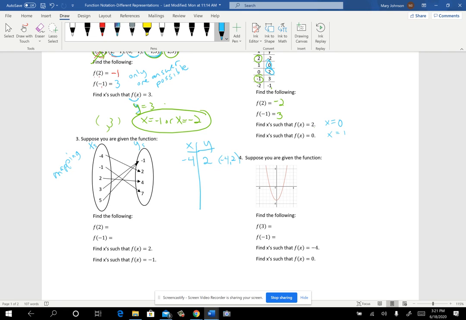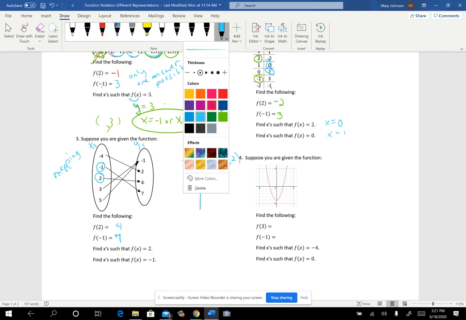You just don't know what the rule is, so you don't have the luxury of plugging that in. So for f of 2, 2 should be your input. It should be on the left side, and you're looking for what got matched up with it. Same thing here, f of -1. -1 should be an x value. You're looking for the y that's matched up with it.